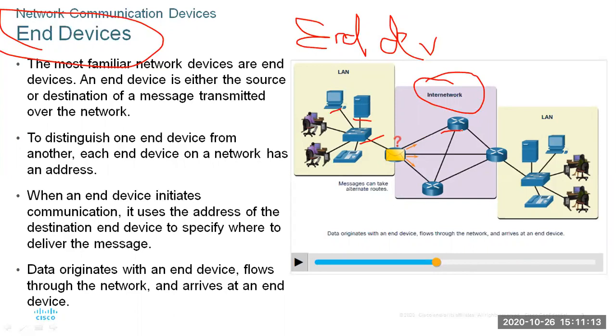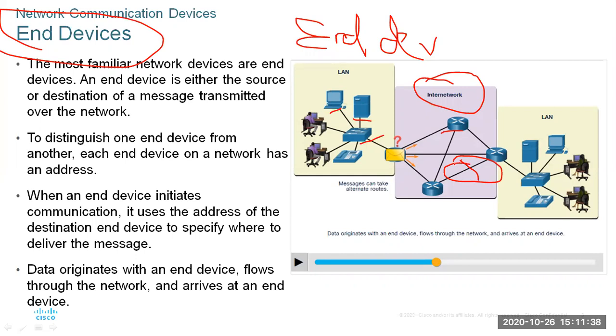Then you see the network media. In this case, it can be cable media, wireless media, or optical media. So these are the elements that play a key role in communication.